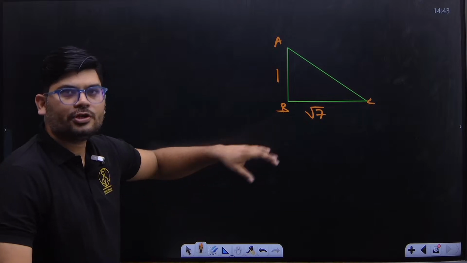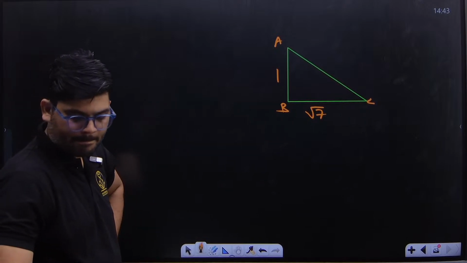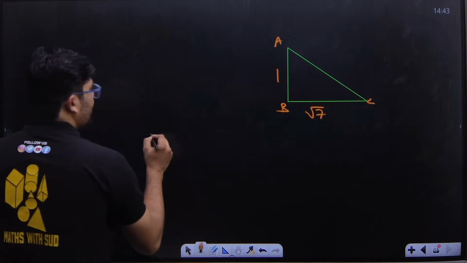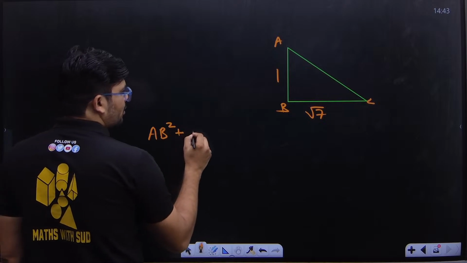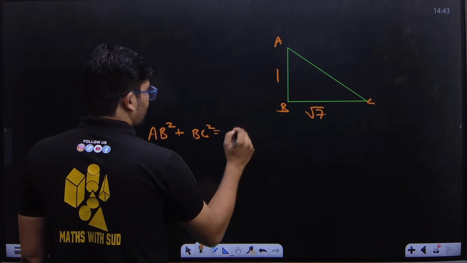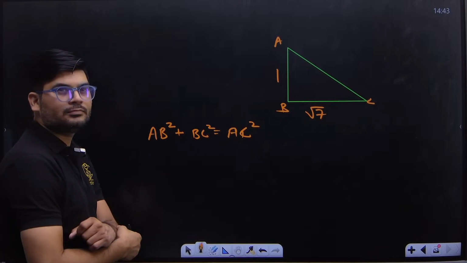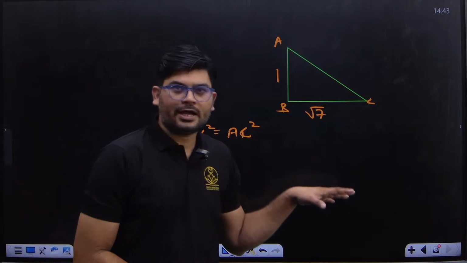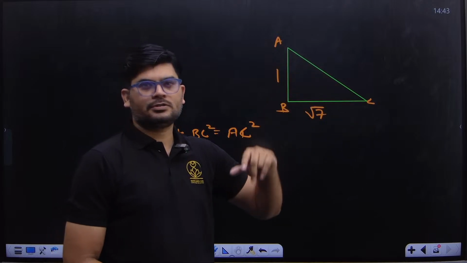You know Pythagoras theorem? Yes, sir. So AC is hypotenuse. Find the hypotenuse. Pythagoras theorem: AB square plus BC square is equal to AC square. Are you getting it? In the right angle triangle, the base square plus perpendicular square is the hypotenuse square.